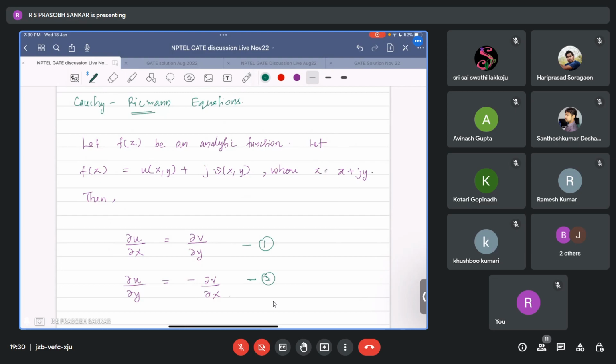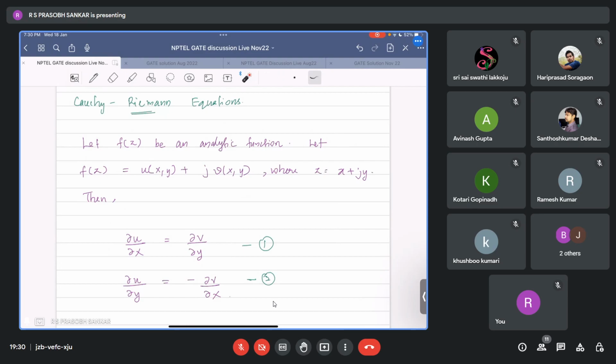There are other ways of writing the same thing. Right now we wrote it in xy coordinates. There is an equivalent form in polar coordinates, r theta, which I won't be discussing here. The key takeaway is that if a function is analytic, then it satisfies the Cauchy-Riemann equations.